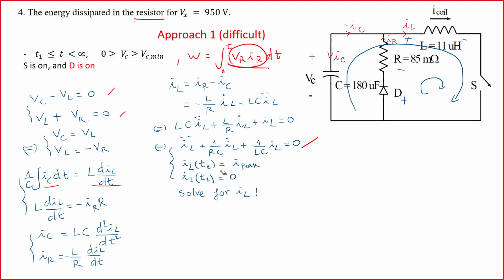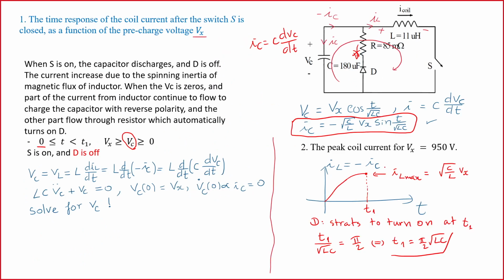So IL at T1 equals I peak that we calculated in question number 2. And the time derivative of current at the inductor at time T1 is 0. Why is it 0? Because here you see the slope here. Slope here is 0.